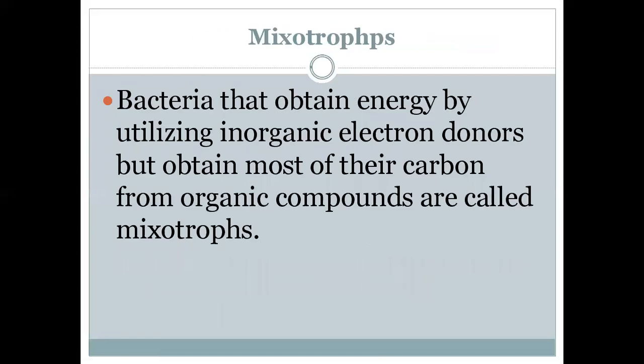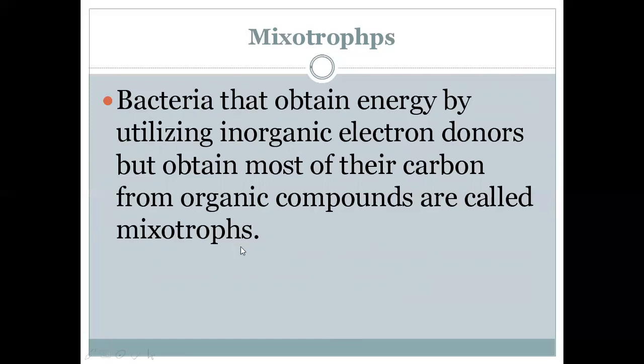Next is mixotrophs. The name itself shows that a mixed nutrition type is seen. Two types of nutrition are being seen in this organism. Bacteria that obtain energy by utilizing inorganic electron donors but obtain most of their carbon from organic compounds are called mixotrophs.